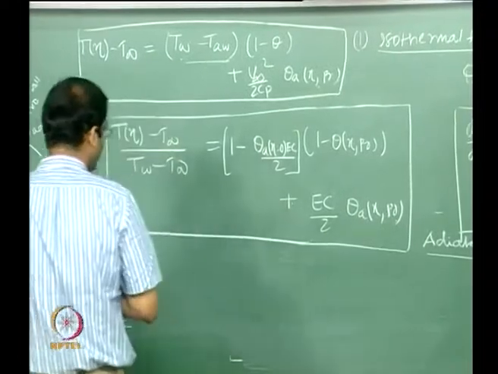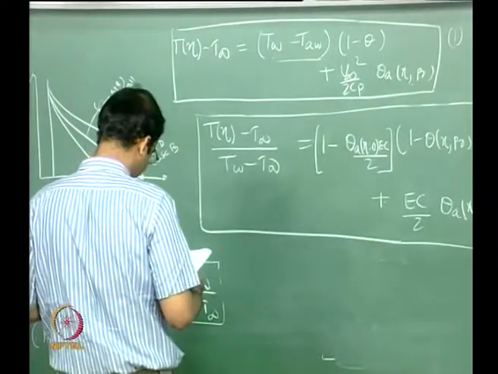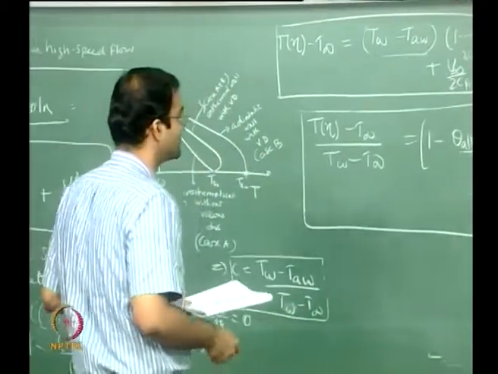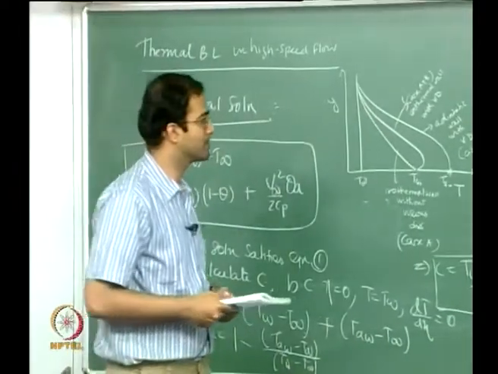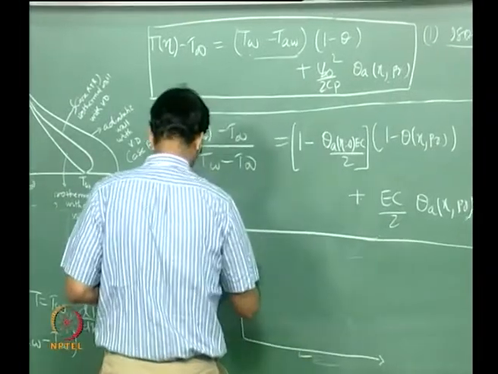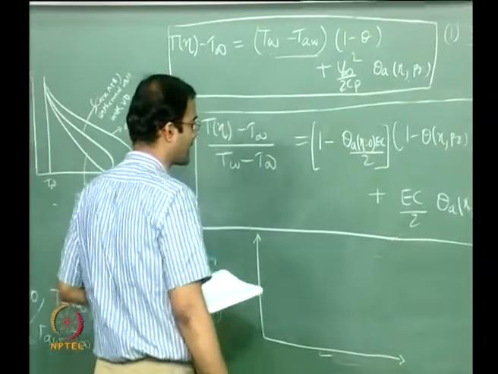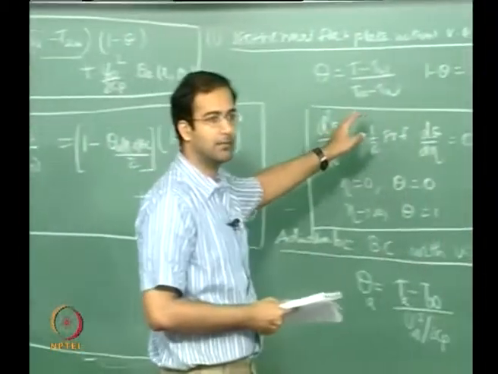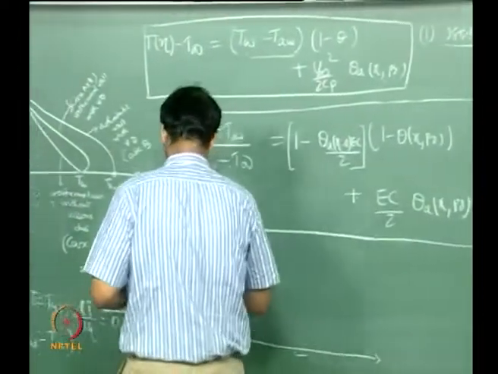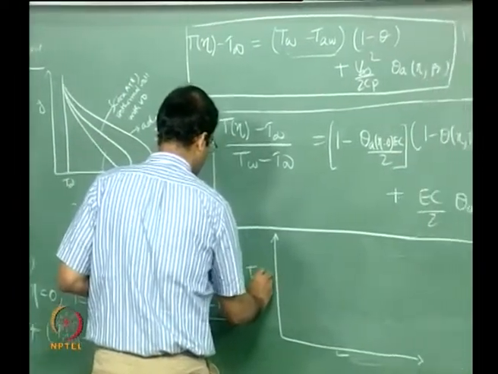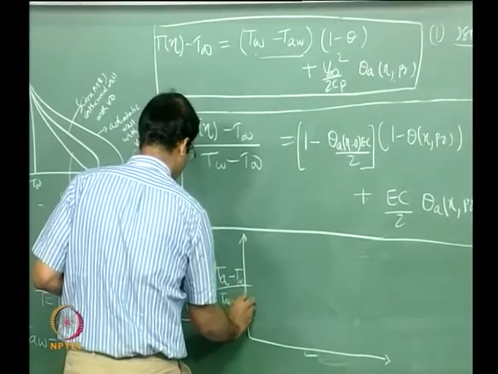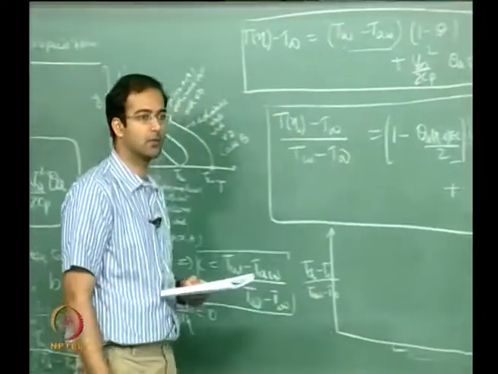So let us see how, if you plot the solution for temperature, how these profiles look like. Any doubts on this so far? So if you plot the temperature profile, first let us look at case B solution, because case A we already know how the temperature profile looks. Case B, if you plot it, non-dimensionalize the adiabatic temperature as Ta minus T infinity by T adiabatic wall minus T infinity, such that it scales between 0 and 1.